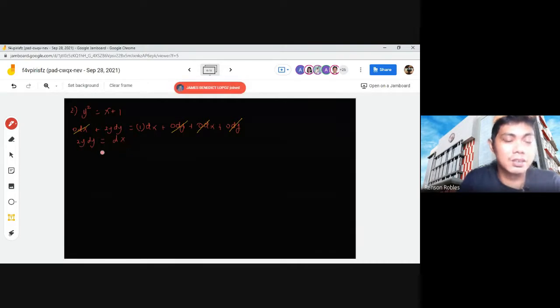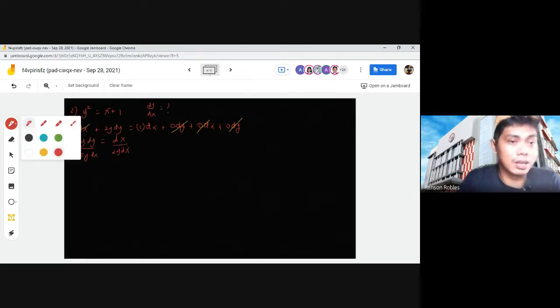And then, anong hinahanap natin? We're looking for dy dx. Okay? So, i-divide natin ito by 2y because we don't want 2y here and we don't want dx here. So, 2y dx. Then, you can now incorporate the cancellation law, right? And then dx.